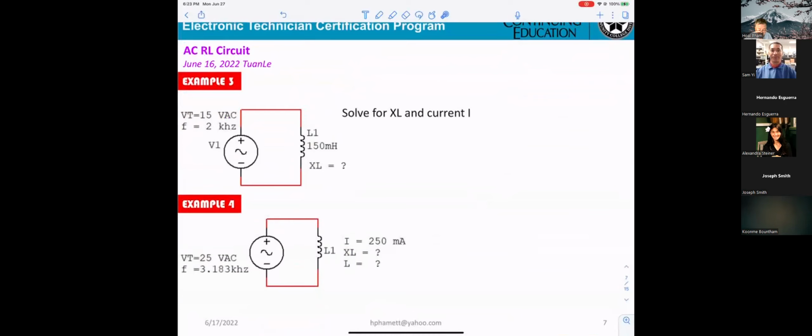Okay. For the circuitry given here, they want XL.